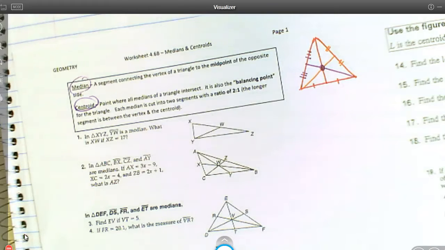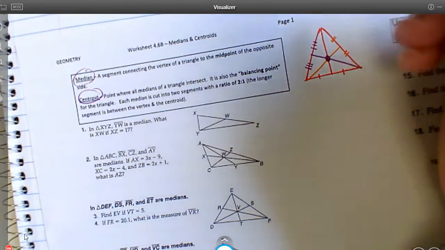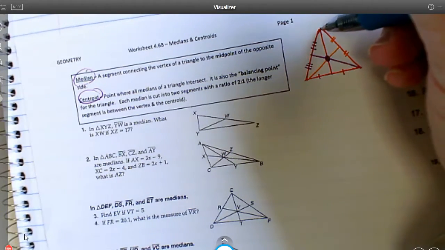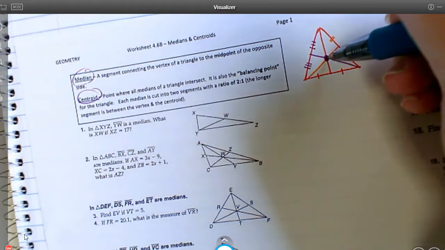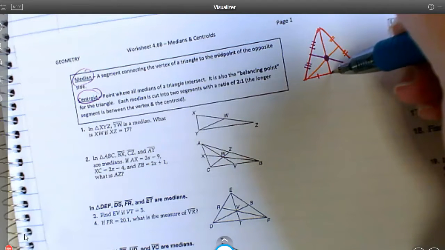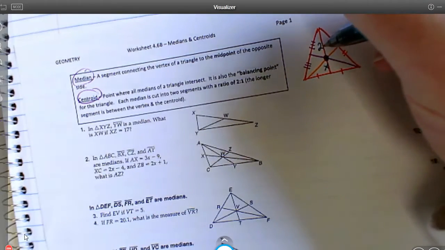But here's the other interesting thing about a median. Not only does it make the sides equal, but the parts on the inside, the vertex to the point, is twice as long as the point to the side. Okay? So if this is x, this is 2x.